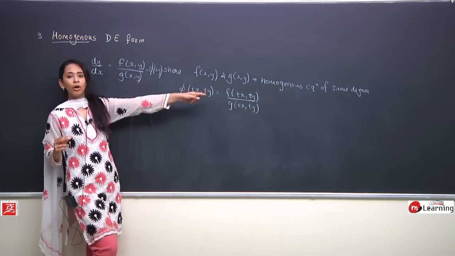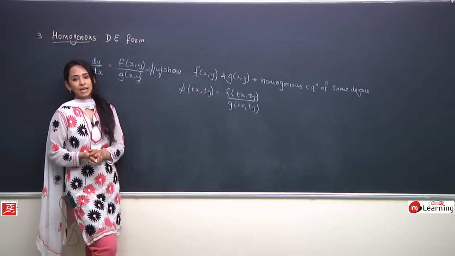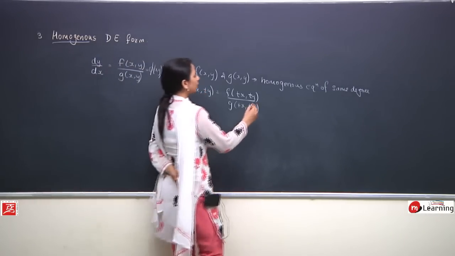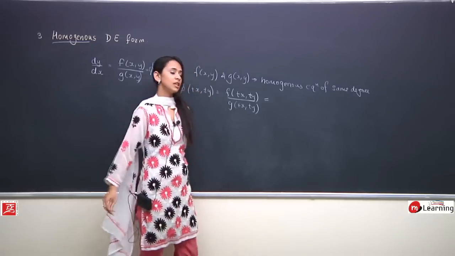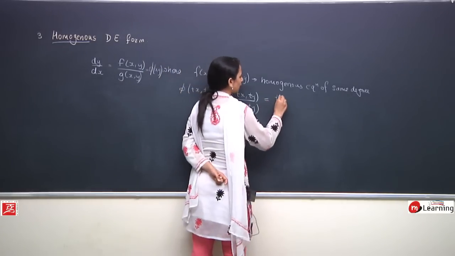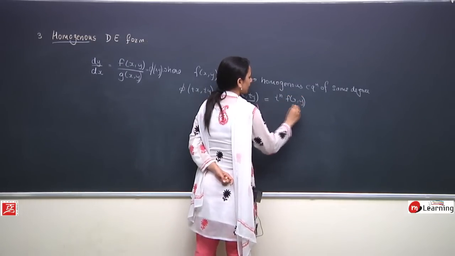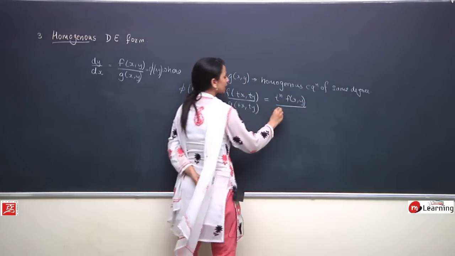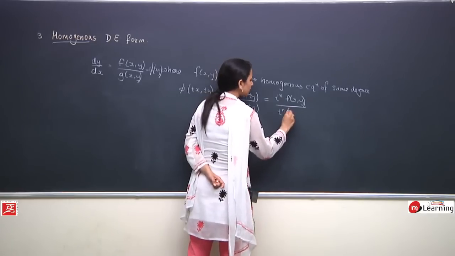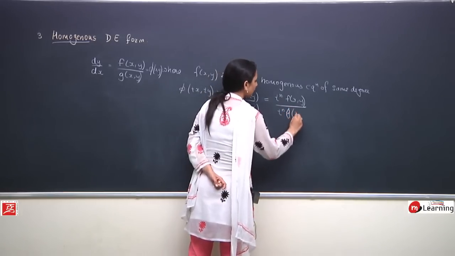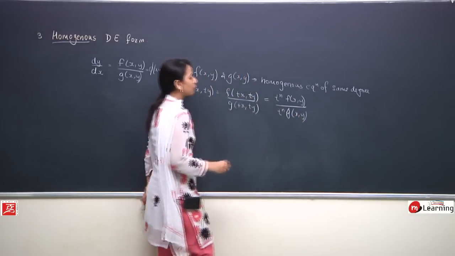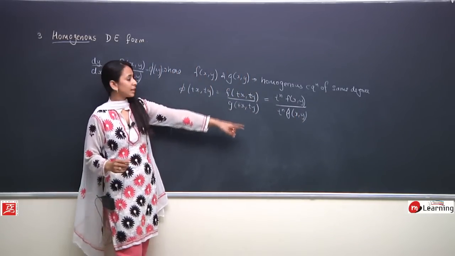So let us say the degree of f and g is some n. So f, being a homogeneous equation, can be written as t to the power n f of x comma y, and g can be written as again t to the power n g of x comma y, because we have been given that both the equations have the same degree.